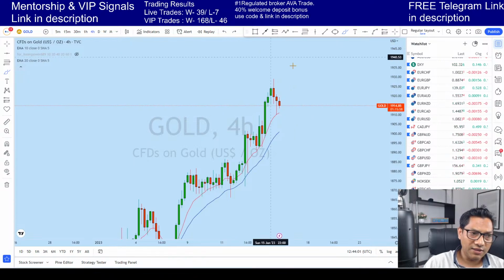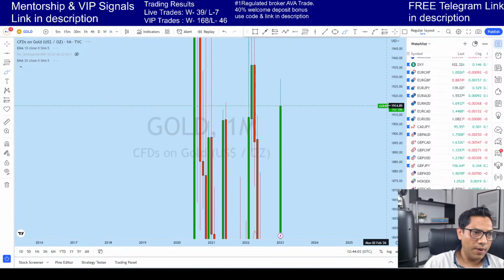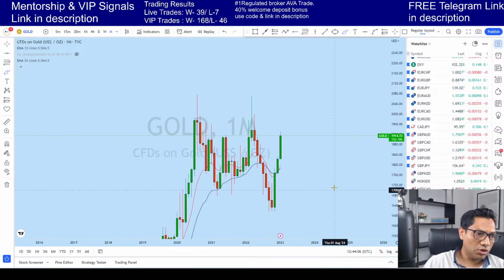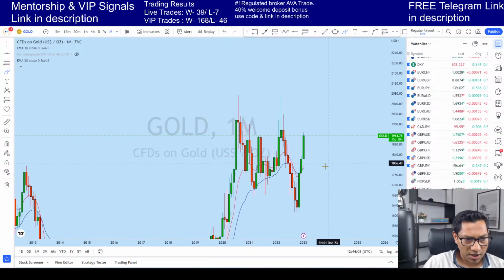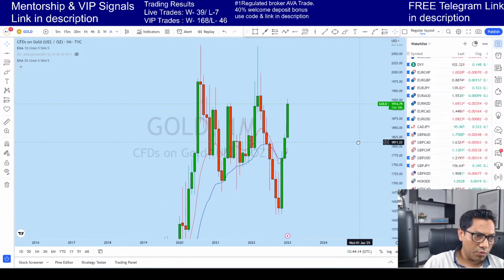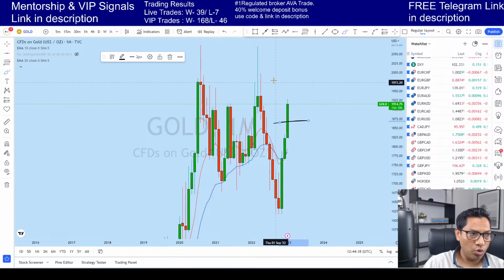But what I think, guys, as you can see, let's go back to monthly, because the price has already made a big move over the long term, there is a very high probability for the price to retrace at least half the body of this monthly candle over the next 2 weeks.